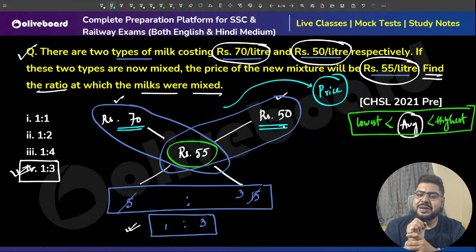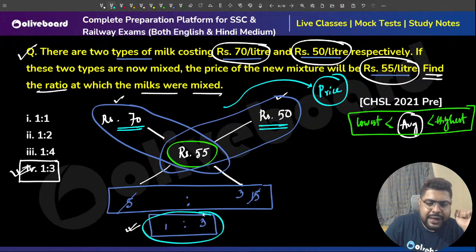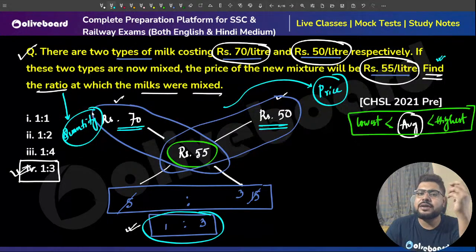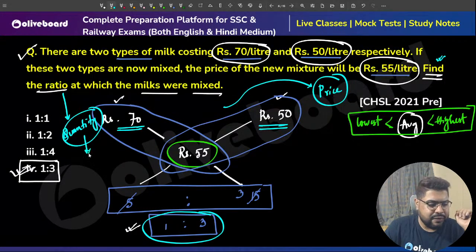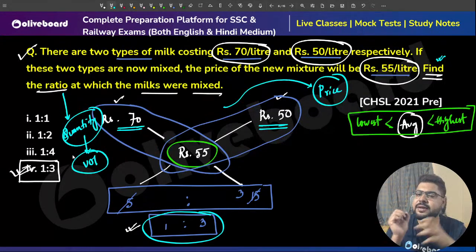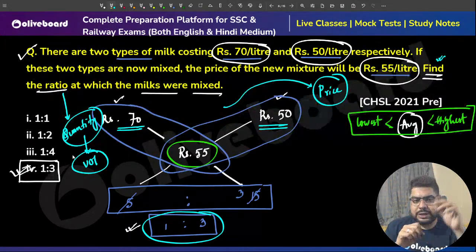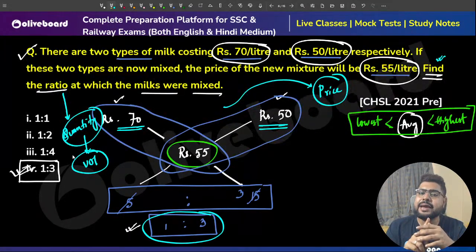Price was our variable. But price being the variable, what answer are we giving? We are answering the ratio of quantity, or ratio of volume, whatever you want to say. So this is the beauty of allegation. Why, sir?